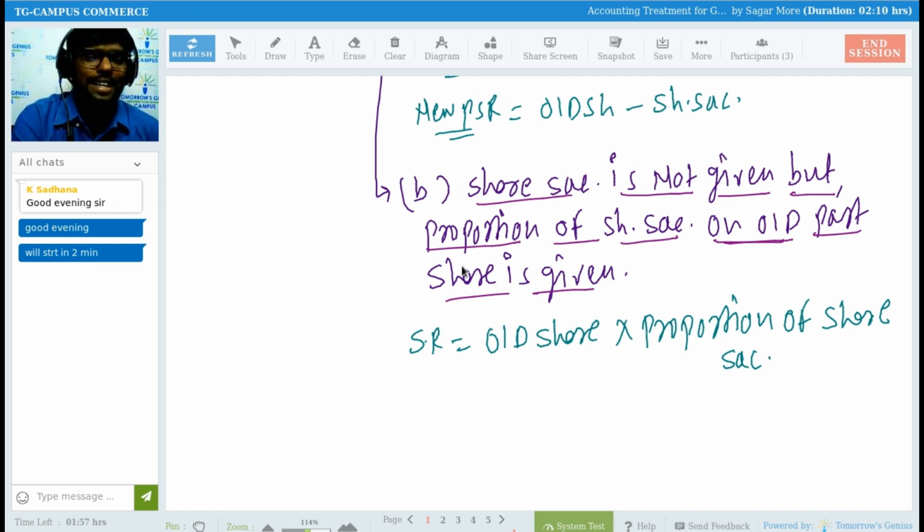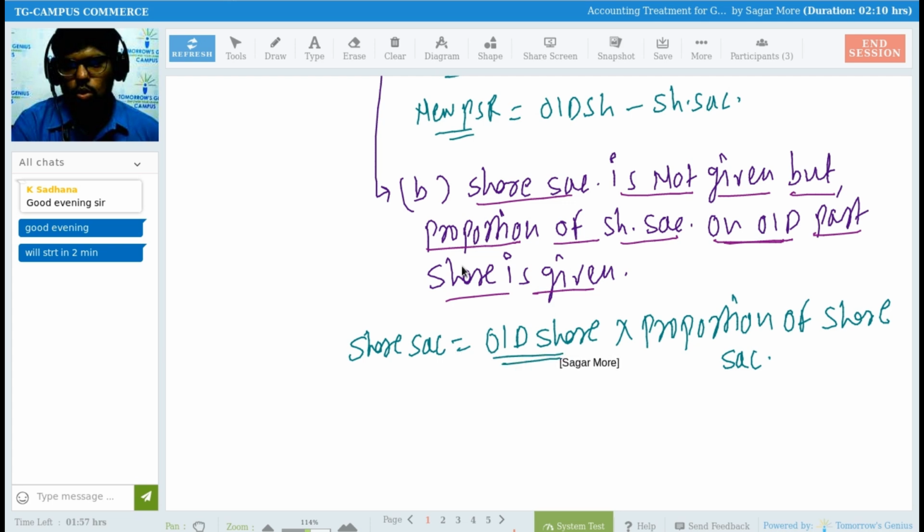So actually you will not get directly sacrifice ratio, you will be getting share sacrifice. And the numerator of share sacrifice is nothing but your sacrifice ratio. So share sacrifice is equal to old share multiplied by proportion of share sacrifice. Once you solve this is step number 1. Step number 2, you can get sacrifice ratio.